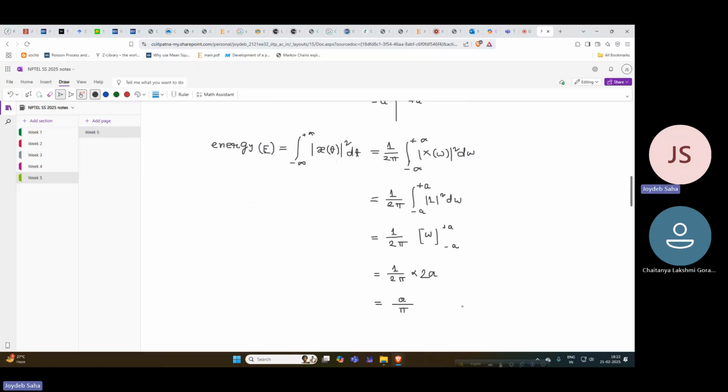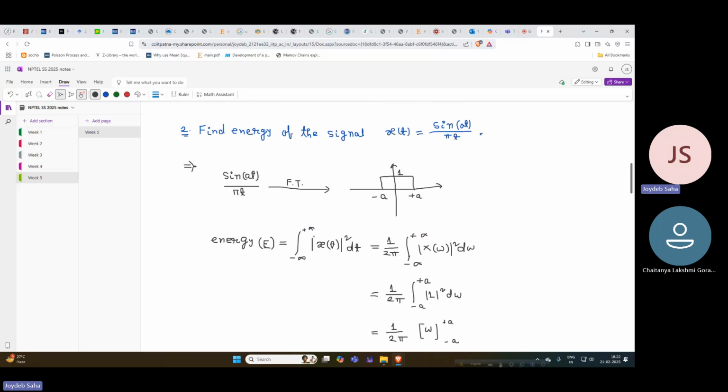What we have done here, simply we know that the Fourier transform of sin at by pi t is a rectangular pulse from minus a to plus a. This is known to us. We have solved it in previous sessions, right? So we are using this property, and from this we are calculating the energy.